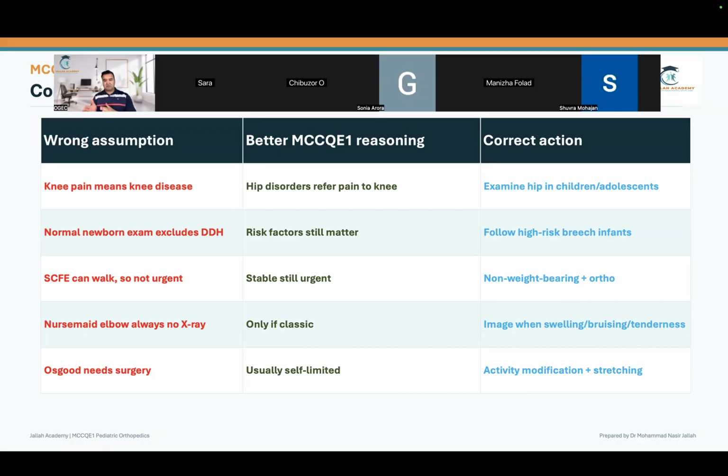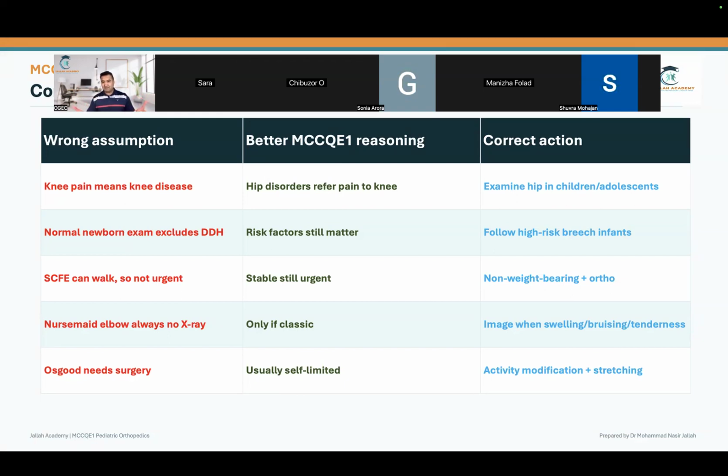So these are the traps. They give you a scenario about someone, for example, let's say you have Ahmad, 7 years old, he has knee pain and he has been limping for, let's say, 2 months, and the x-ray of the knee came back normal.